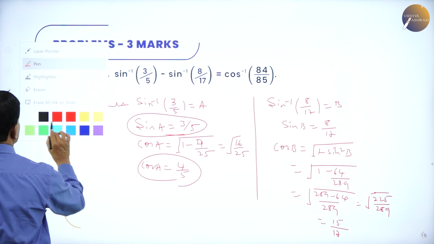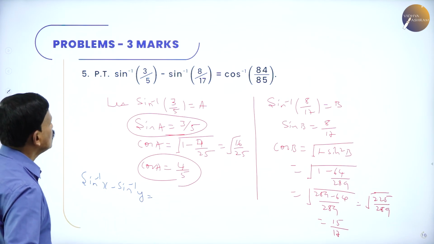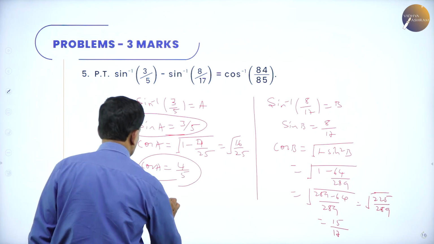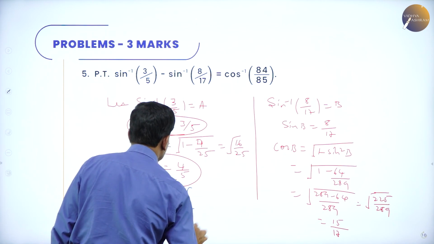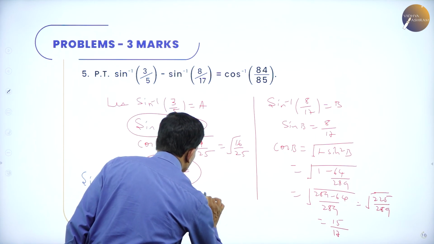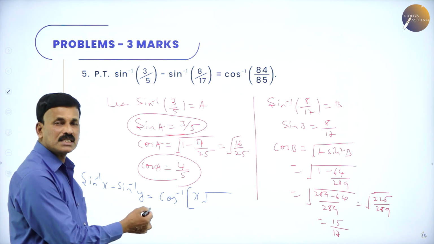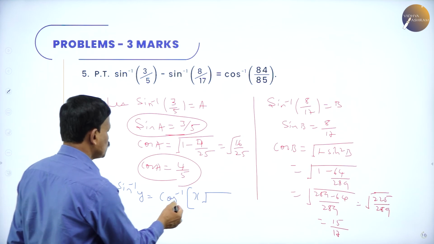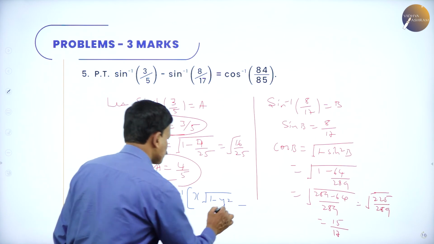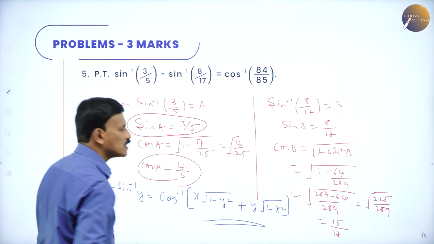If you want cos, this can also be written as cos inverse of, what is the formula we are going to use here, x into root of 1 minus y square plus y into root of 1 minus x square. So using this formula you can solve this problem also.